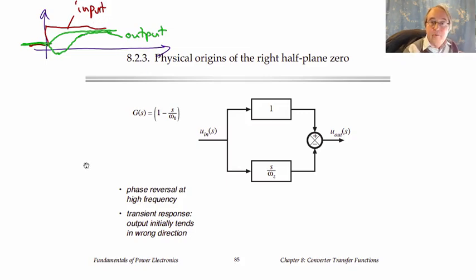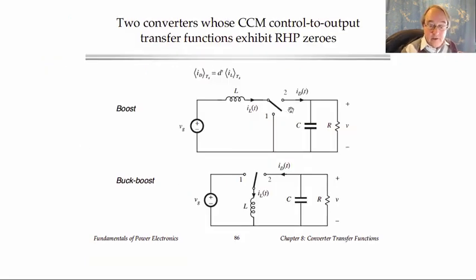So why do the boost converter and the buck boost converter exhibit this kind of behavior? Well, it really comes out of how the switching occurs to connect the inductor to the output. In each of these converters, the current that drives the output coming out of the converter is a diode current. And the diode conducts when the transistor is off.